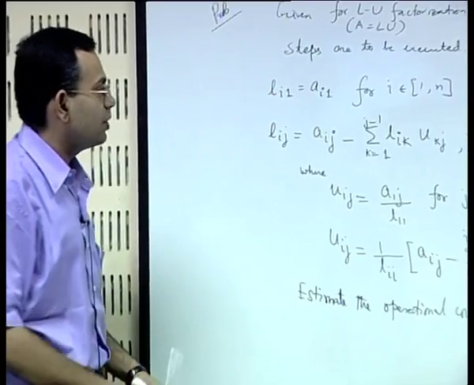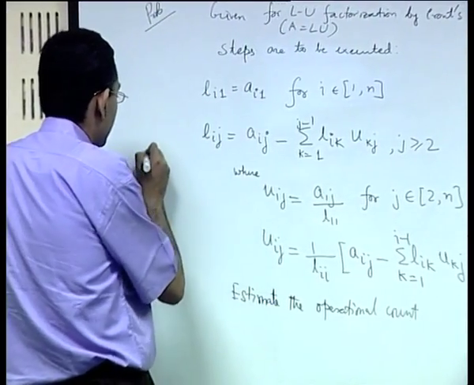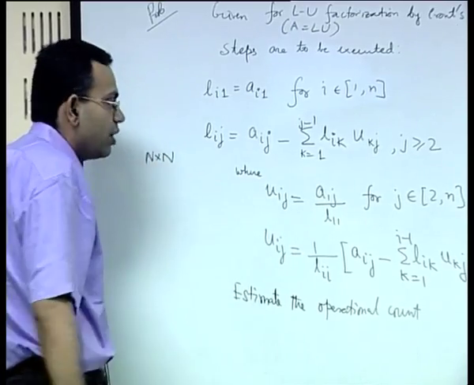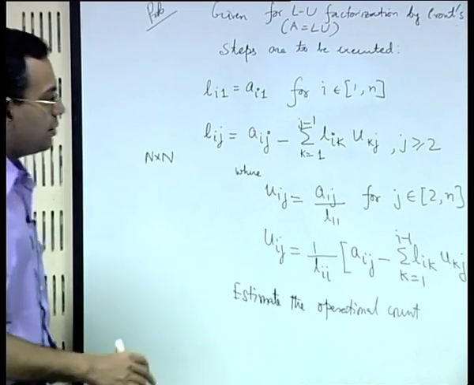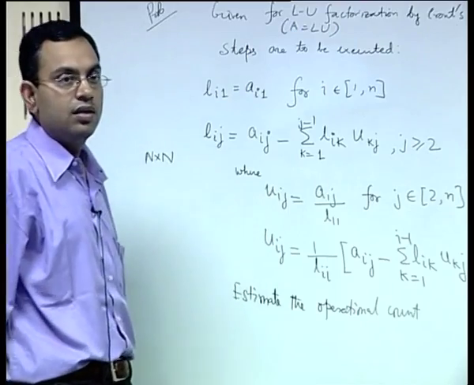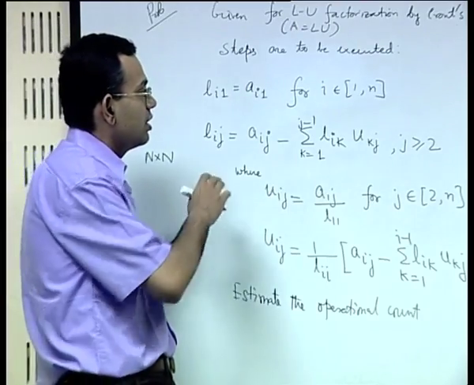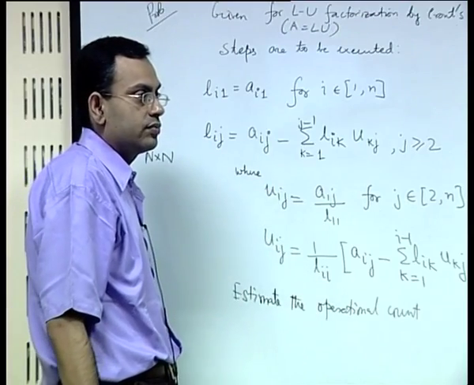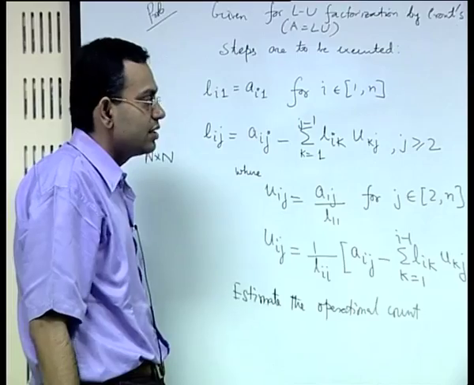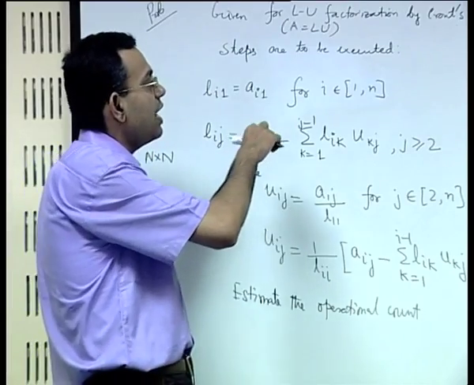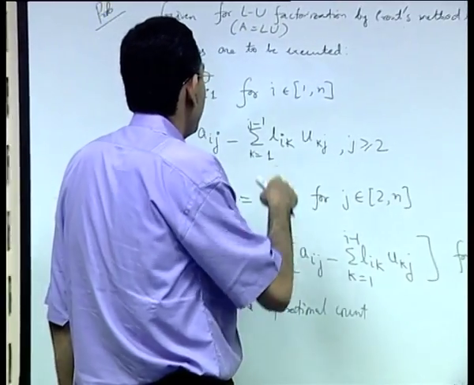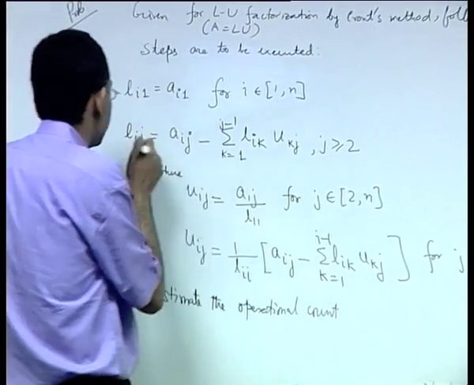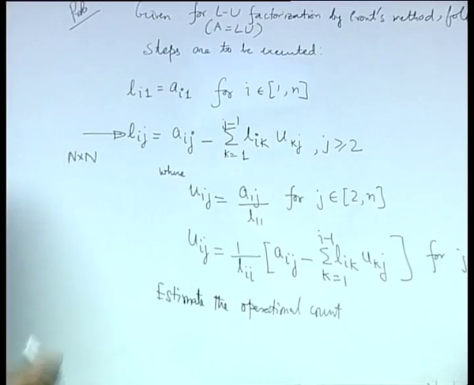So, if A has a size of n by n, then what is the operational count? That can be very easily assessed by looking into this system of equations. How do you assess that? Here you see what are the indices over which the for loop is there. Look into the key step L_ij, this step will tell you what the operational complexity is.